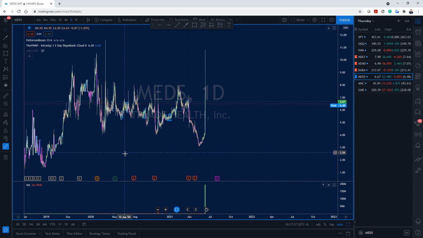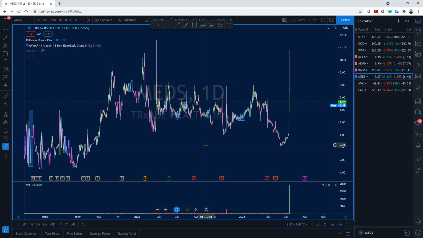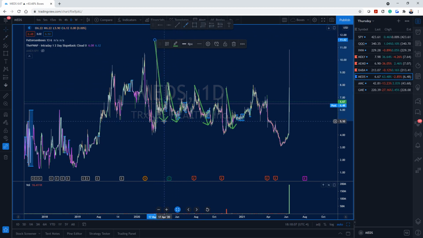And if you had been checking the higher time frames on MDES, you would have seen that there were previous levels which provided strong resistance. So this stock has a history of spiking and rejecting.